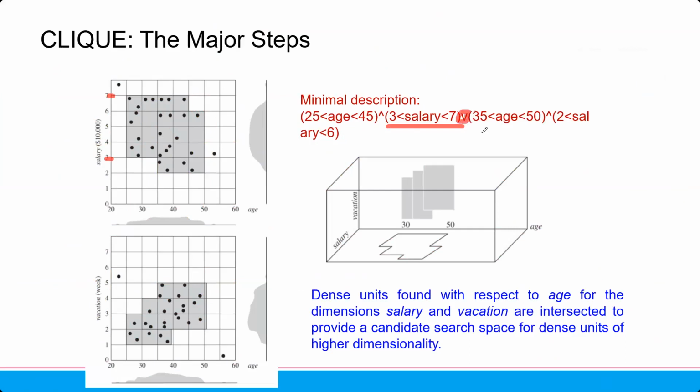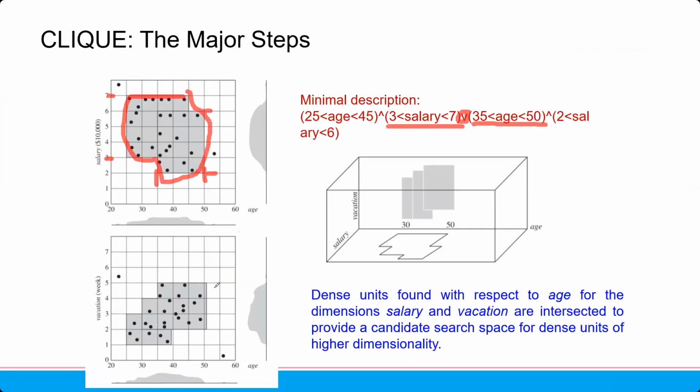Or the age is between 35 until 50, and the salary is between 2 until 6. So this is the minimum description for this one.